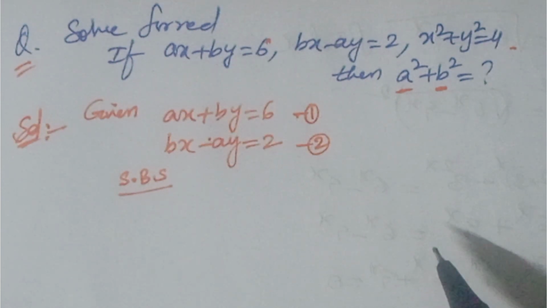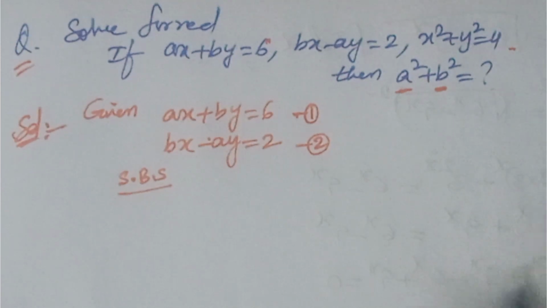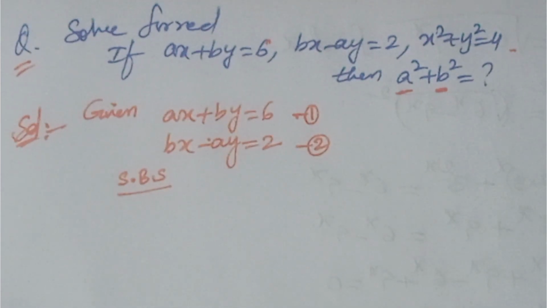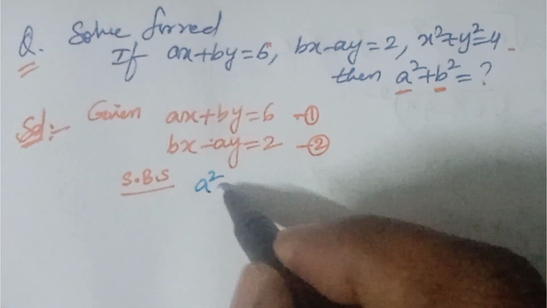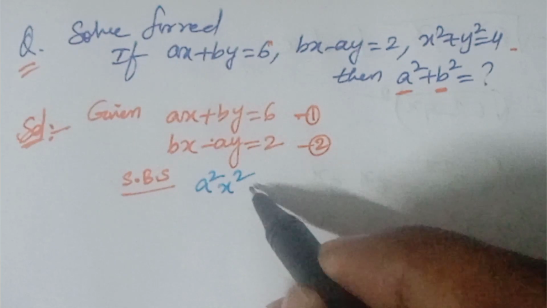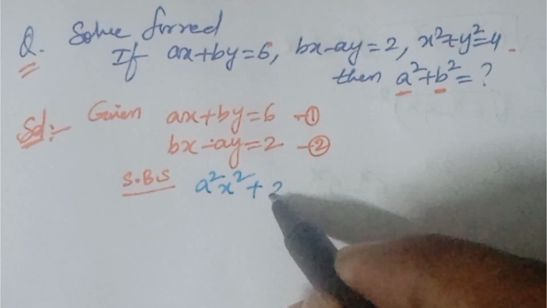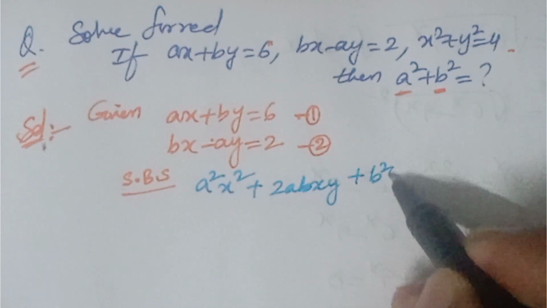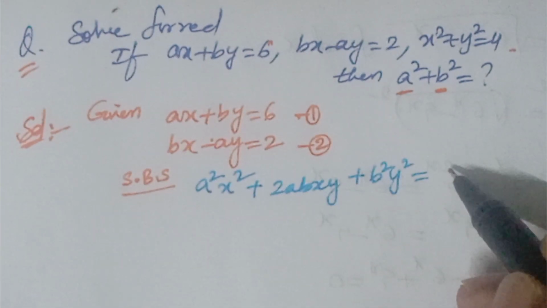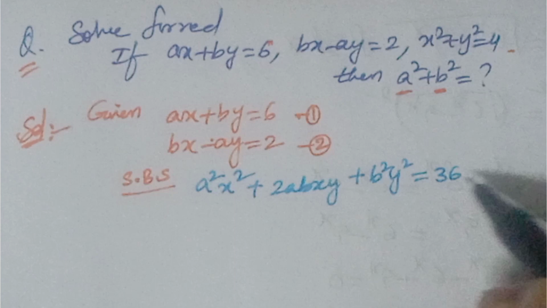So here a square x square plus 2abxy plus b square y square is equal to 36.